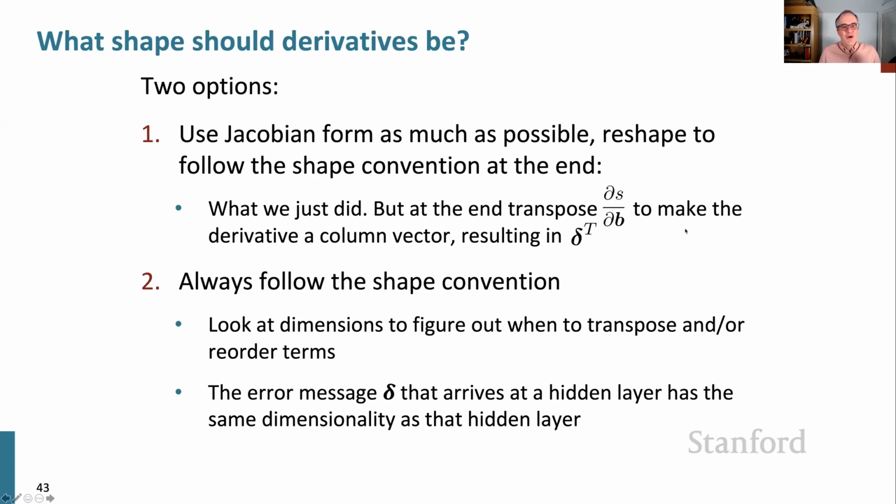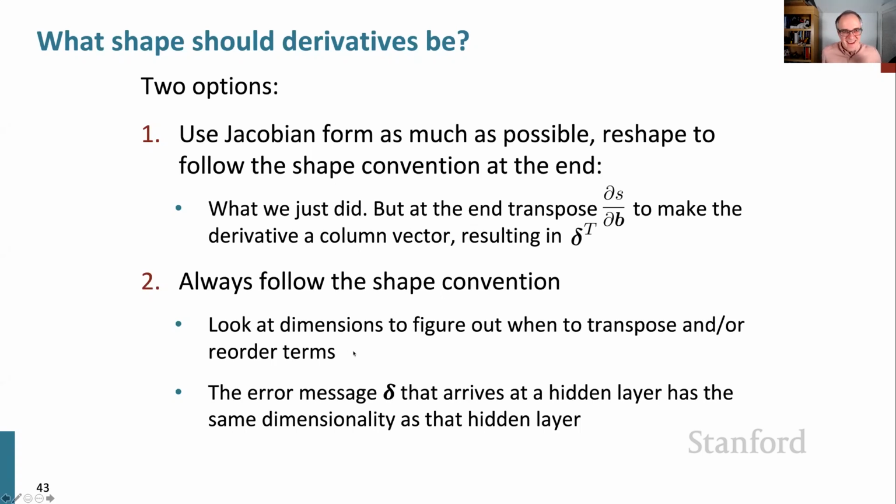We worked through it using Jacobians. We got an answer, but it turned out to be a row vector, and so we have to transpose it at the end to get it into the right shape for the shape convention. The alternative is to always follow the shape convention.